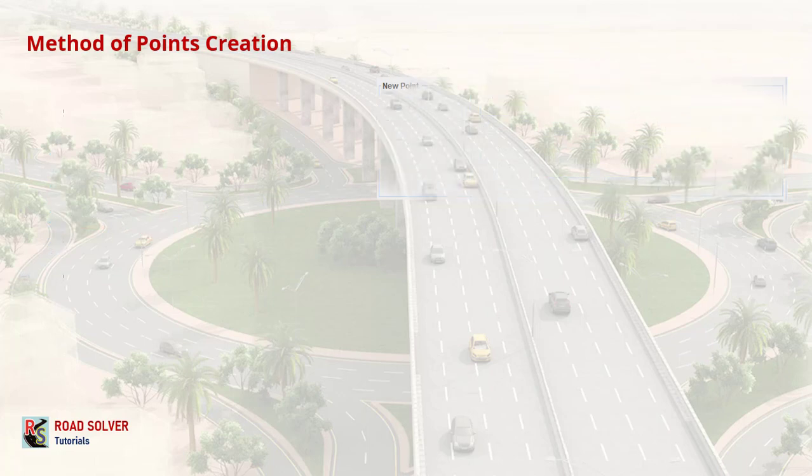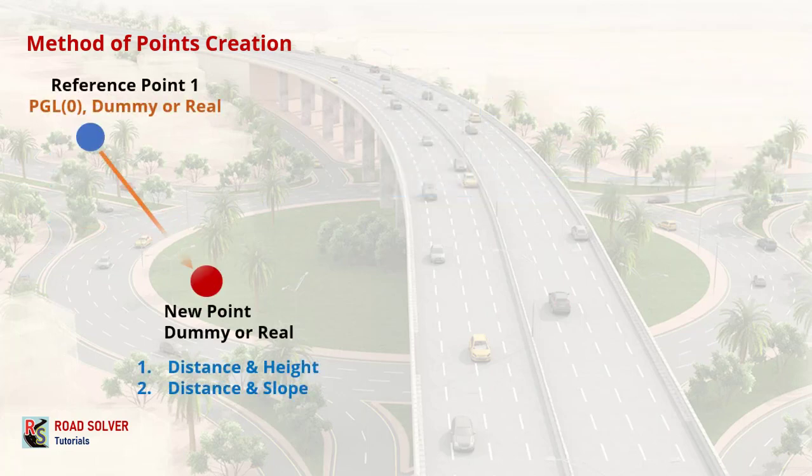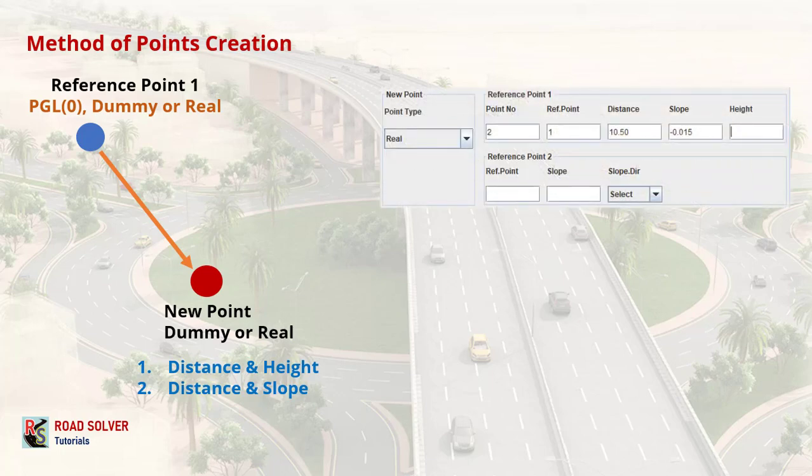The second one: there is a reference point, which can be PGL, dummy or real, anything you can use. Then the new point will be dummy or real. The first case is distance and height, using the reference number. The new number is 2, the reference number is 1, and the distance is 10.5, with a slope, where we use distance and slope.